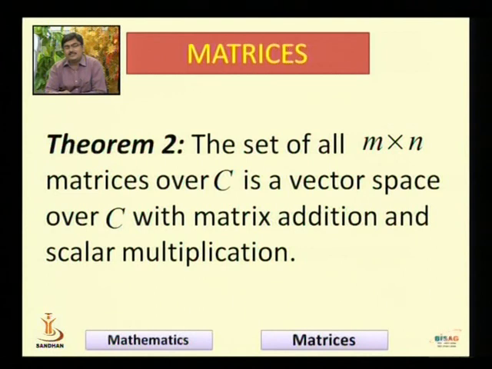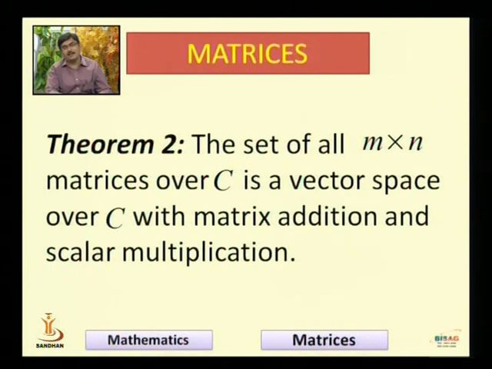Equipped with this theorem, it is now a very simple fact to verify that the set of all m by n matrices over C, I have not given a name to this set, but we understand what this set is exactly. You collect all those m by n matrices whose entries are complex numbers and then take the two operations that we have just defined, addition and scalar multiplication.